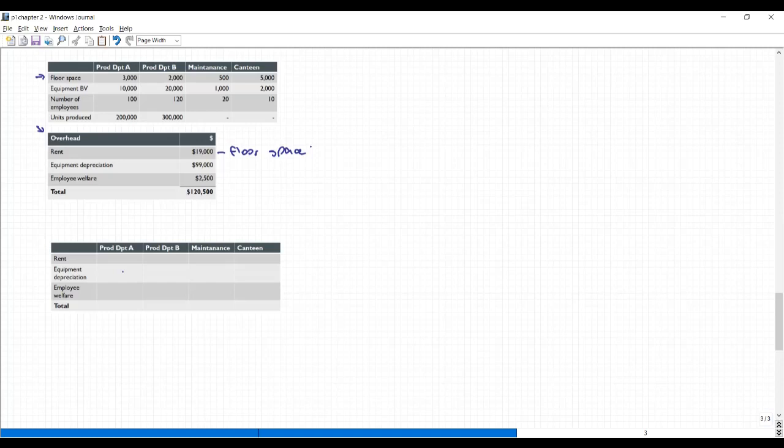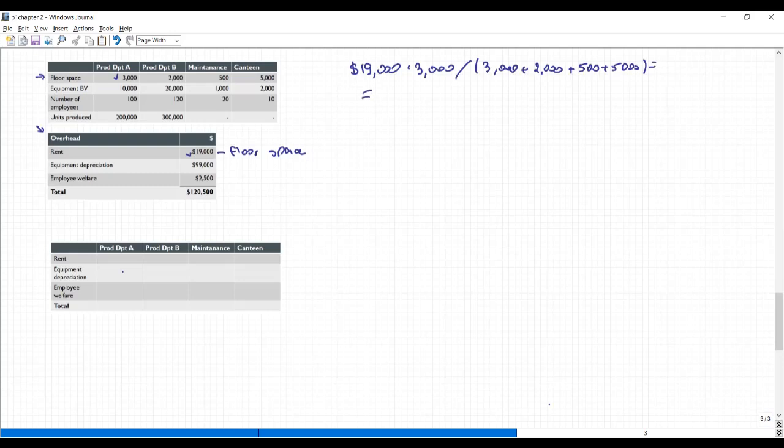To allocate that for production department A, we will take the 19,000 of rent that we paid, multiply it by how much floor space production department A takes, and divide that by the total floor space that the organization has. So 3,000 plus 2,000 plus 500 plus 5,000.